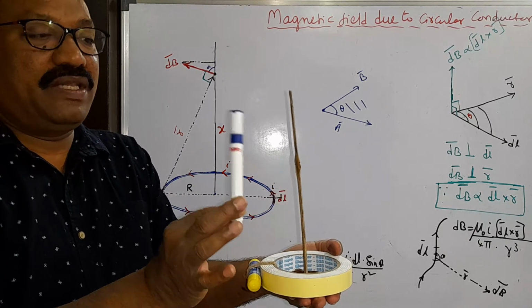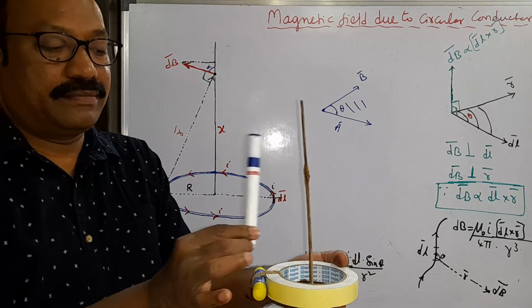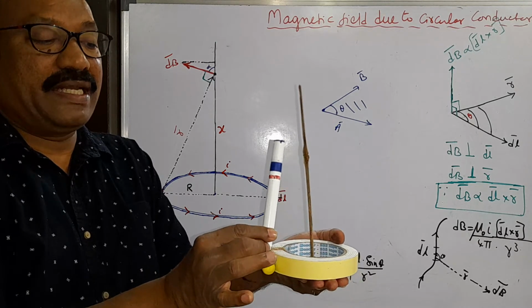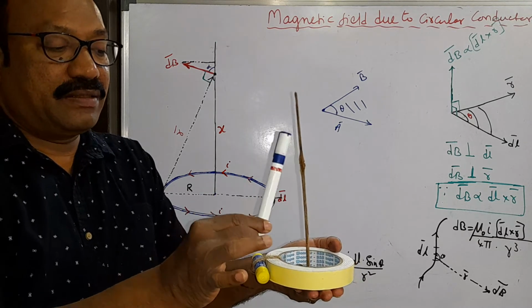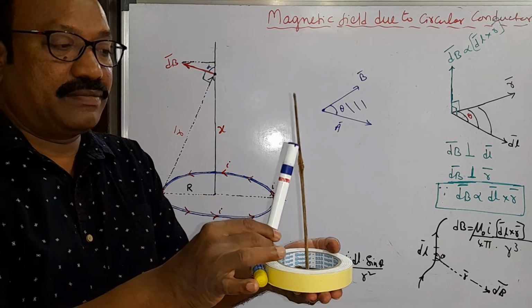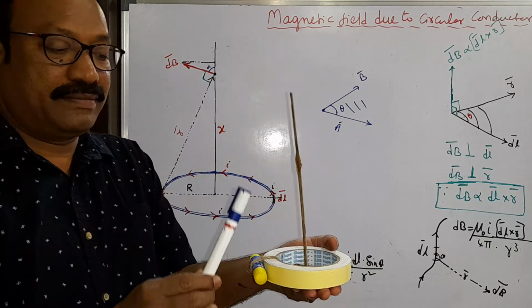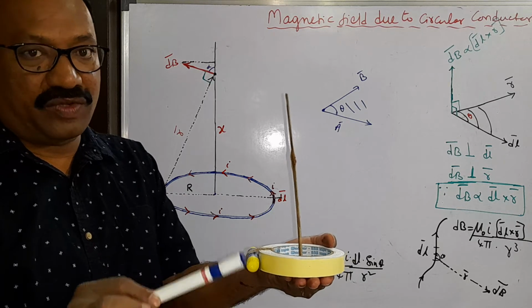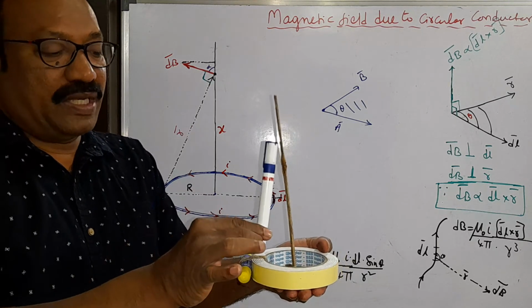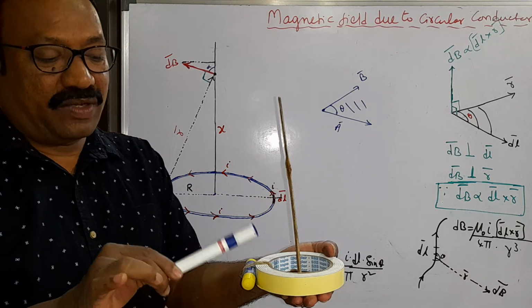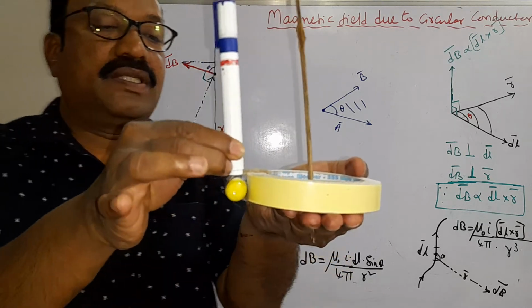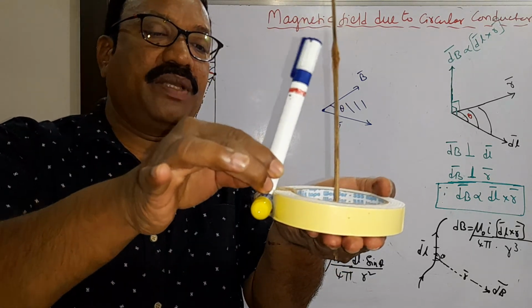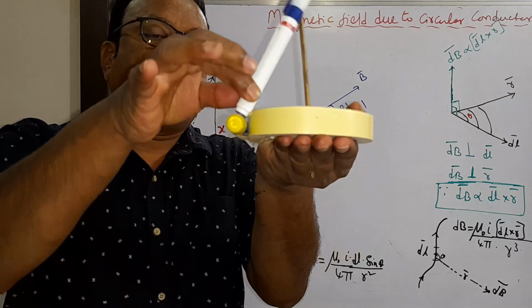What is the angle between this small r and dl? This is small r. This is the axis. This is dl bar. dl bar is outward because current is coming outward like this. So what is this angle? This angle I want. How much is this? See, whatever this position may be, this is always 90 degrees.